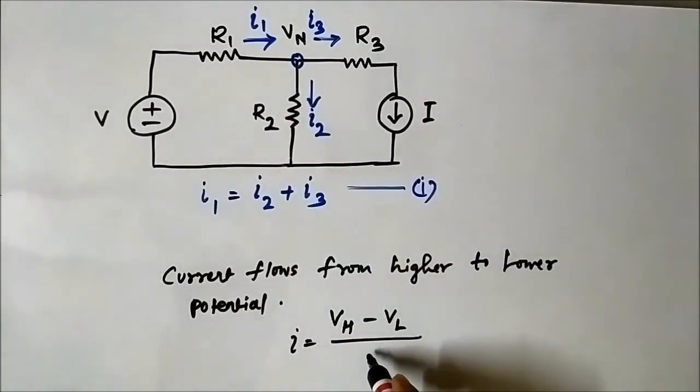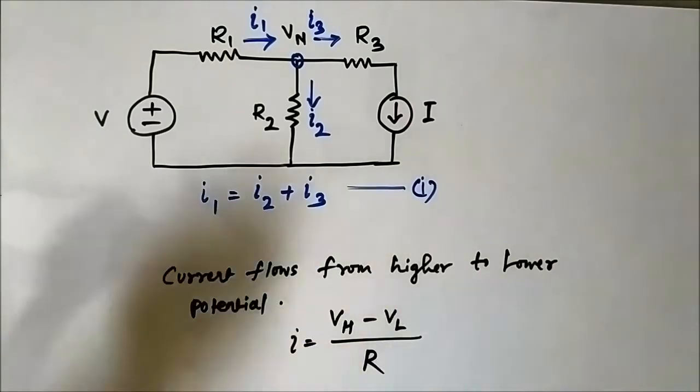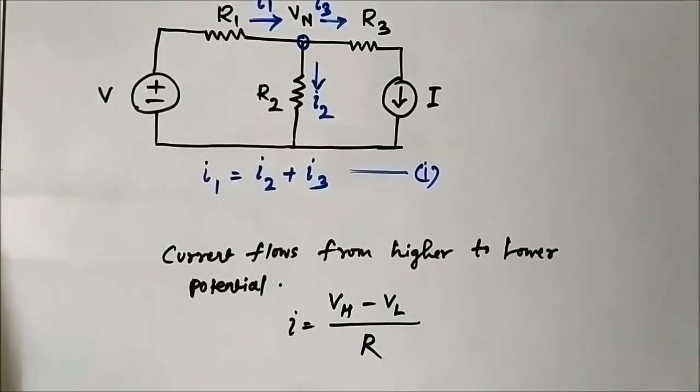Here there are only resistors involved, so we are using resistors: Vh minus Vl by R. If any other circuit element, such as a capacitor or inductor, were present, the equations would be different. In a capacitor, I is C dV by dt, and in an inductor it is 1 by L integral of V dt, so they will be different. In this case, it is simple, Vh minus Vl by R.